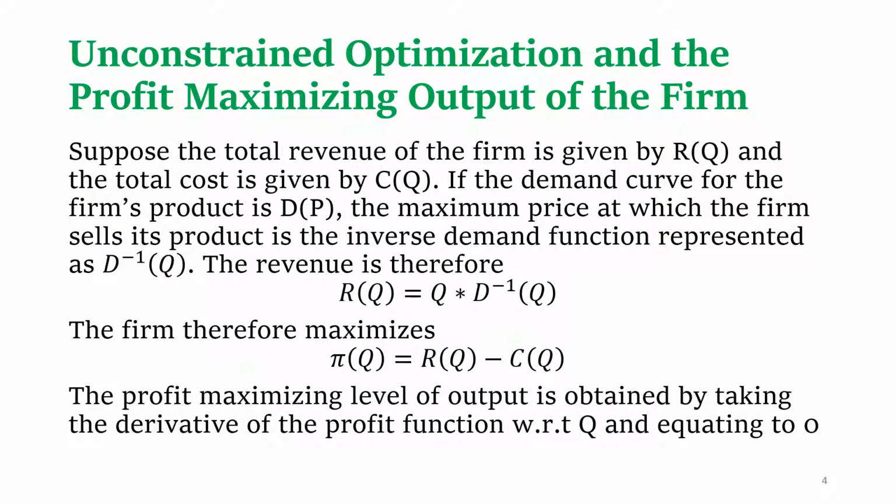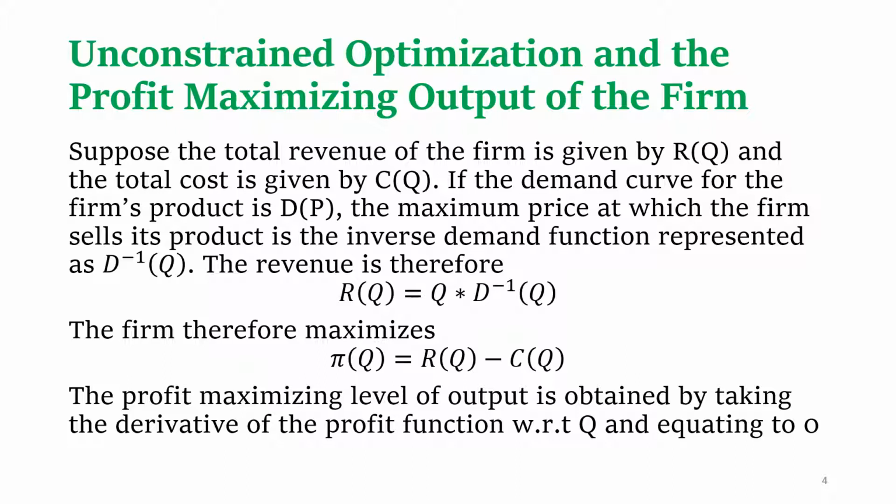Now let's look at this example here. I said in order to get the total profits, we need to first obtain the revenue, and then next we subtract the cost from the revenue to get the profit, right?